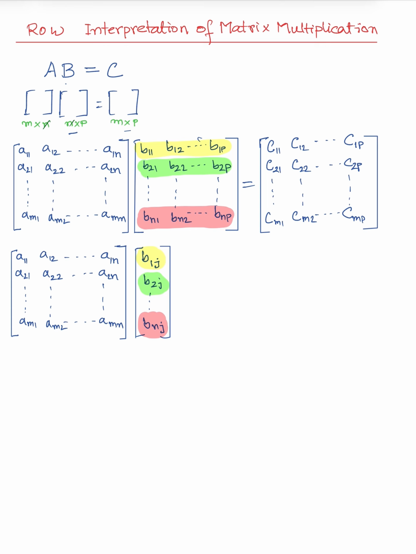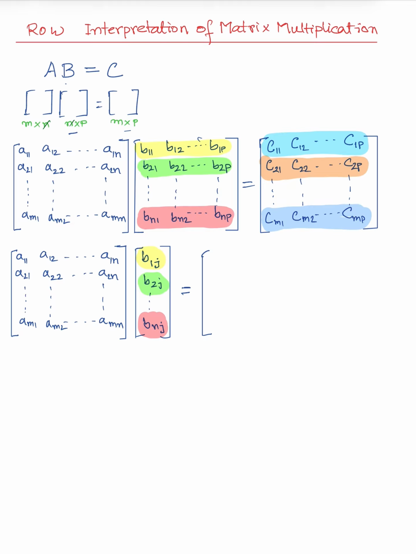And then we'll have to do the same for the resultant matrix. Let's color code this as well. This is going to be one row, this is going to be another row, and finally this is going to be another row.